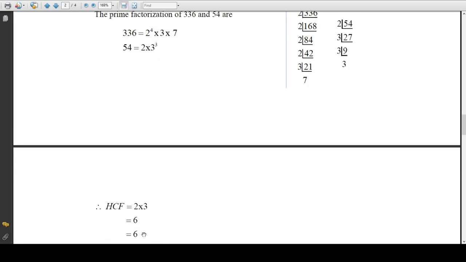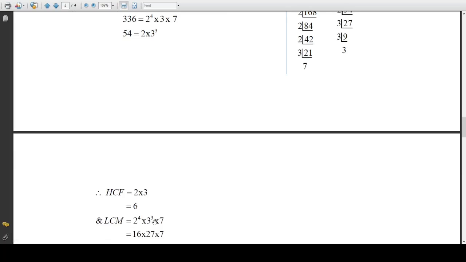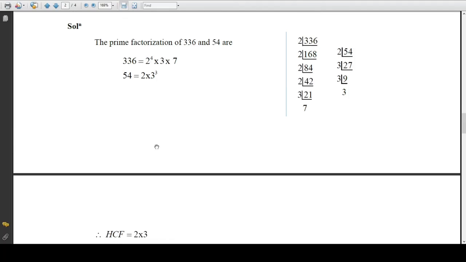And then the LCM will be the product of each prime with the highest power. What are the prime factors of these two numbers? They are 2, 3 and 7. Here you have 2, 3, here you have 2, 3, 7. That means if you count all the prime factors, they are 2, 3 and 7, isn't it?